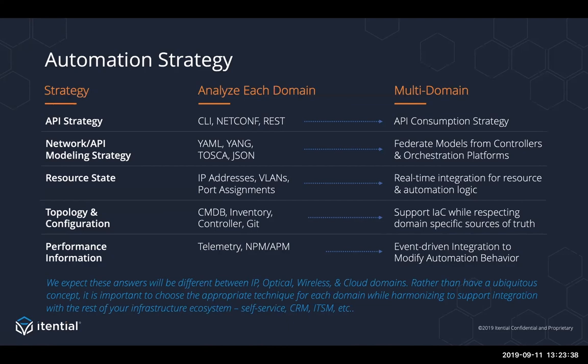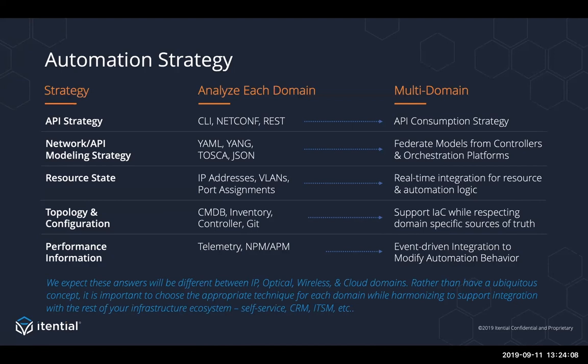And the second one is, how do I federate those models from those different controllers and orchestrators so that I don't have to hard code data structures on top and restrict my ability to make changes on the fly without breaking automation? The third is, how do I have real-time integration to those resources and automation logic? And back to the high quality data, how do I make sure that I update them after I've made those decisions so that those systems can reflect the reality of what exists in the network today?